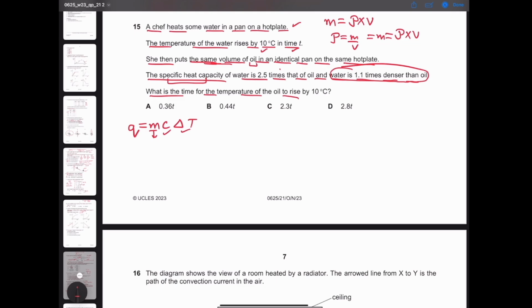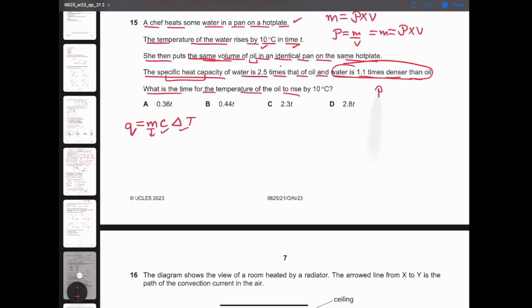Alright, and now there is one more problem. We have to figure out time t, but in this relation there is no time. Delta T is temperature. So we know that power equals energy over time, so energy can be written as power into time, right? So let me substitute it here. In place of energy, I will write power into time.